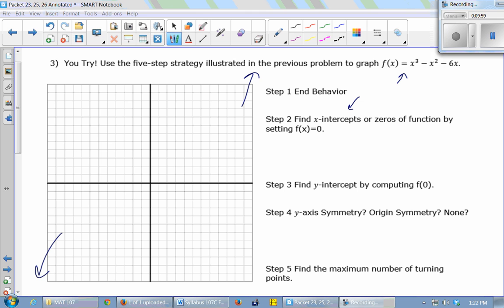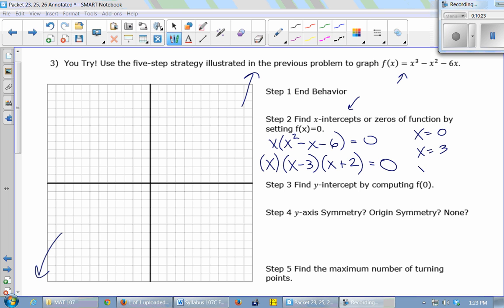Okay. X-intercepts I find by factoring and setting it equal to 0. So I could factor out an x here, and I'd have x squared minus x minus 6. And then that factors further to x minus 3, x plus 2, which means I have 3 zeros. x equals 0, x equals 3, and x equals -2. What are the multiplicities of those 3 zeros? They're all 1, right?